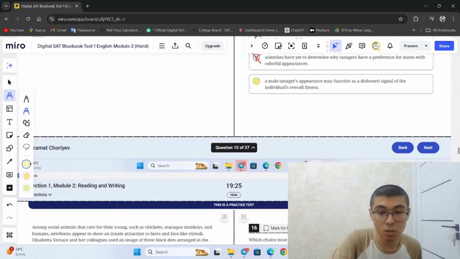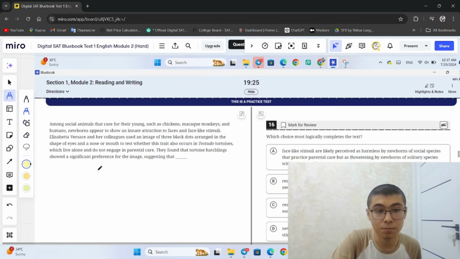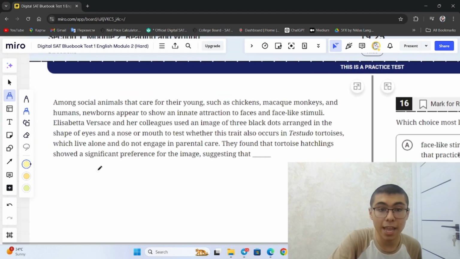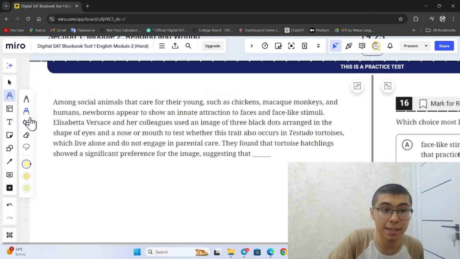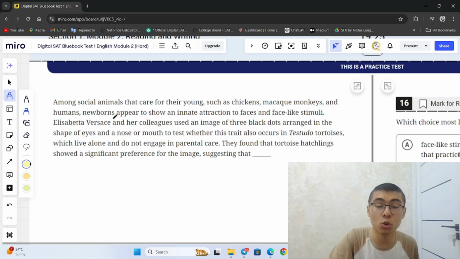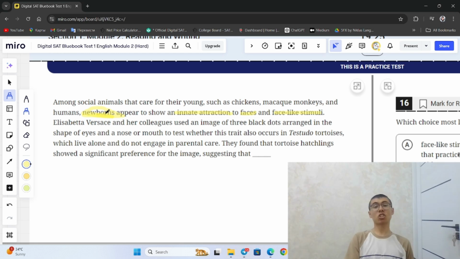So let's continue. Question number 16. Among social animals that care for their young, such as chickens, monkeys, and humans, newborns appear to show an innate attraction to faces and face-like stimuli. Okay, so newborns have an innate attraction to faces and face-like stimuli.